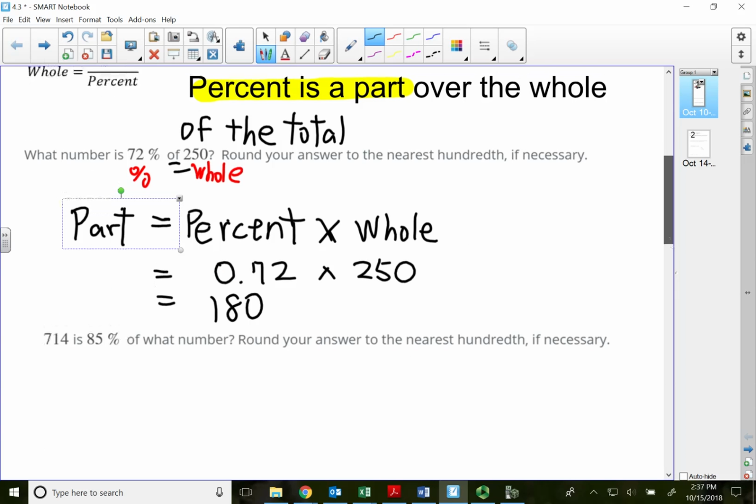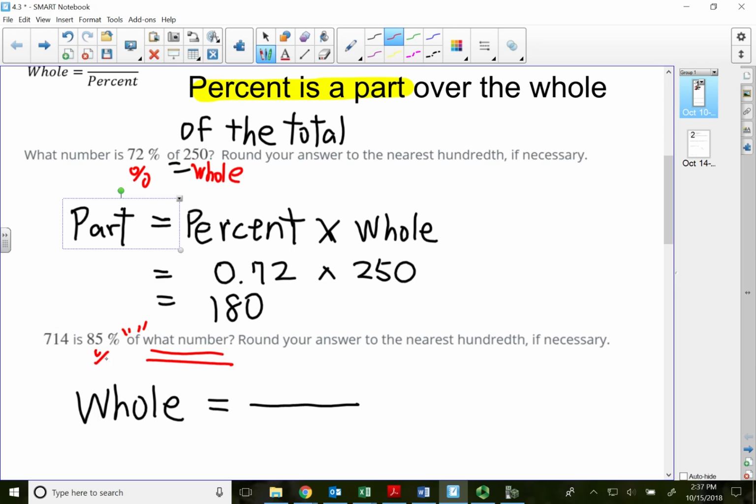All right, let's try this one. 714 is 85% of what number? Of the total, of what total? That means this problem is looking for the whole. 85% is the percent, which makes 714 the part.